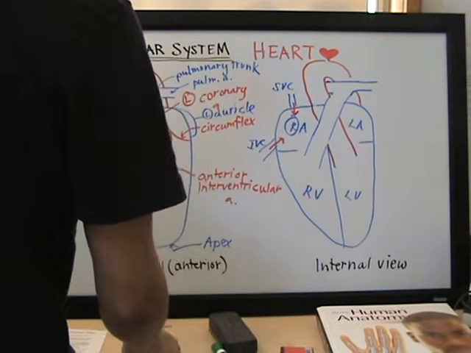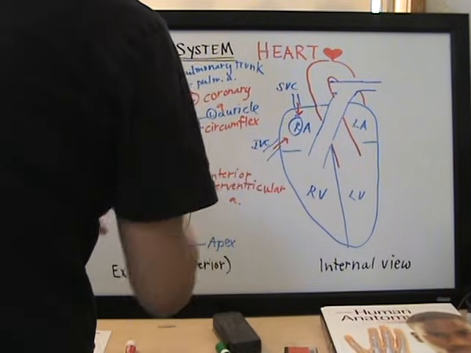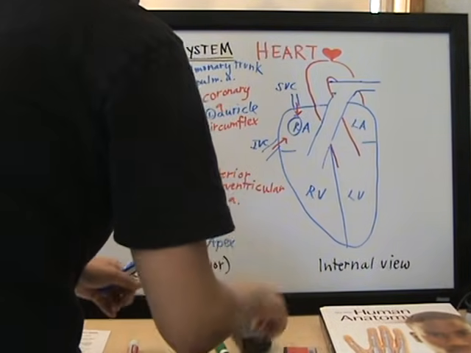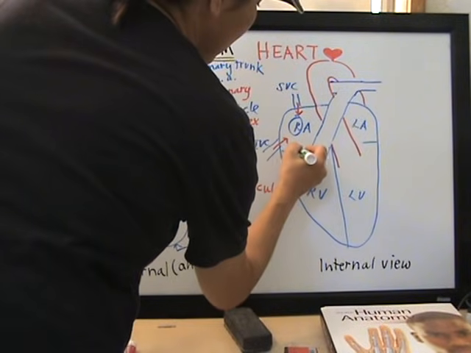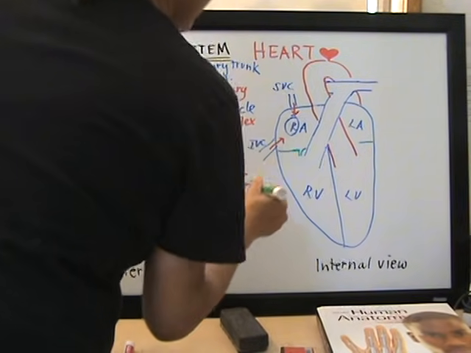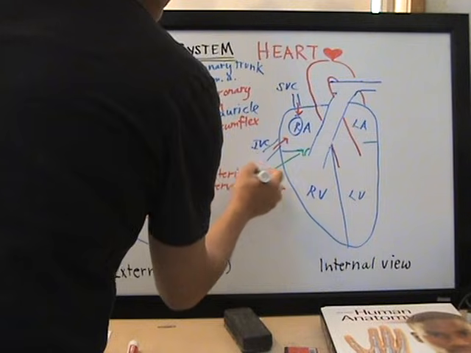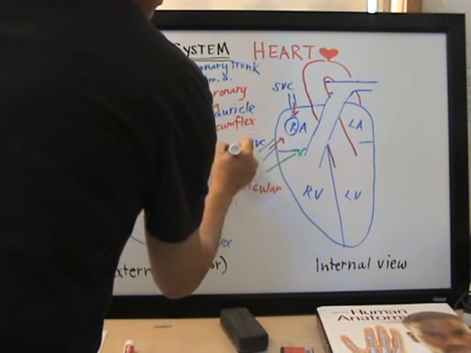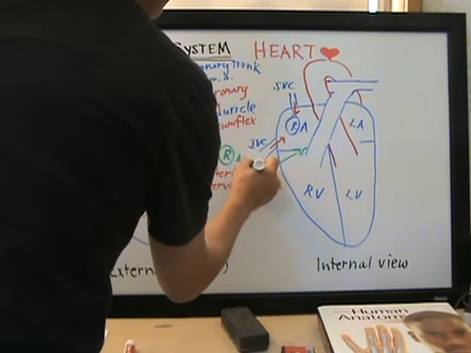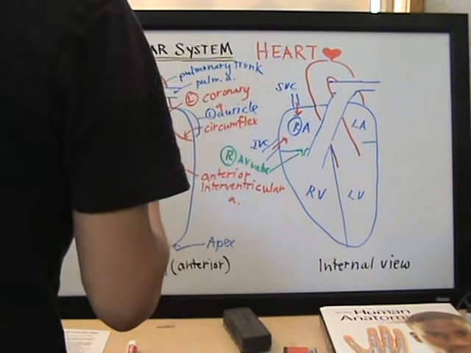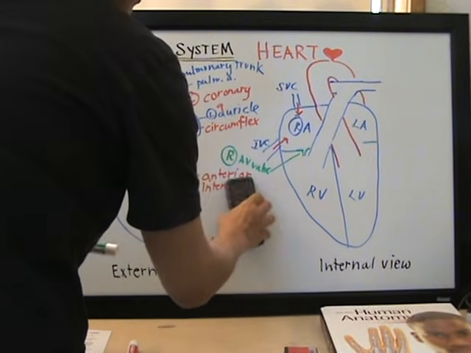Blood then passes from the right atrium through valves. I'm going to do them green. And this first valve is called the right AV valve. The right atrioventricular valve.